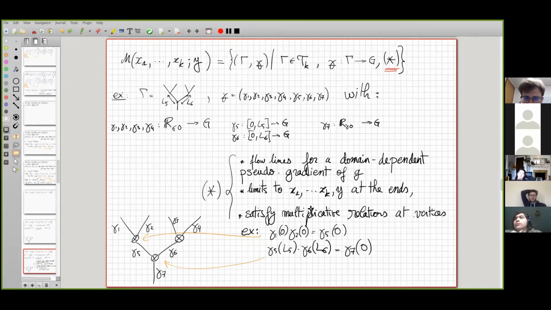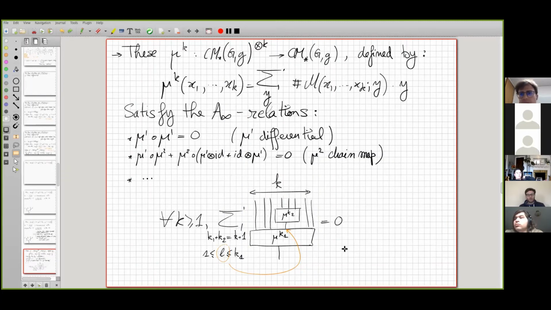And then you want these things to satisfy multiplicative relations at the vertices. What I mean here is, for example, at this vertex, you could look at gamma 1 of 0, gamma 2 of 0, and gamma 5 of 0, and you want the product of gamma 1 and gamma 2 to equal gamma 5. And same here: gamma 5 of L5, that's the other external point, times gamma 6 of L6, you want it to be gamma 7 of 0. So these are how these moduli spaces are defined.